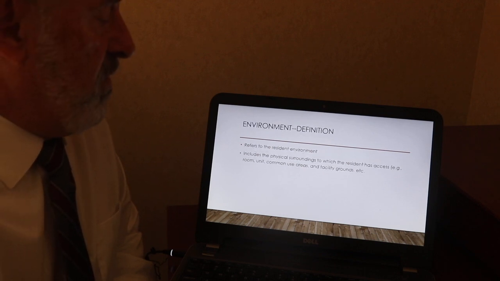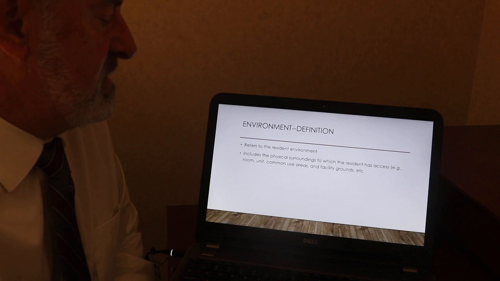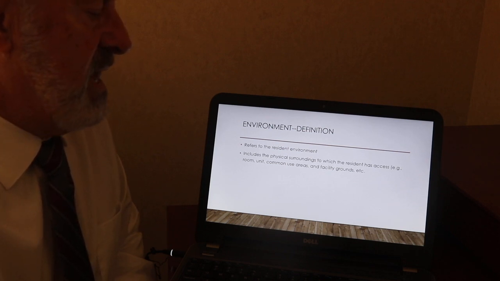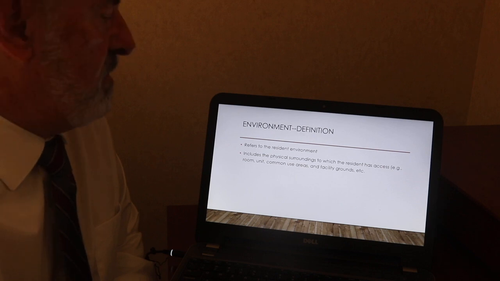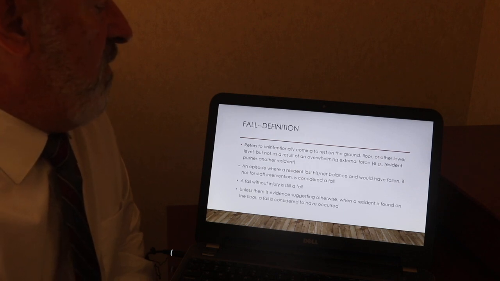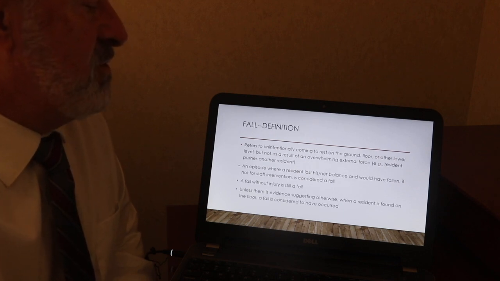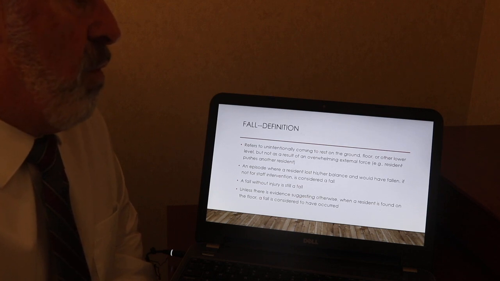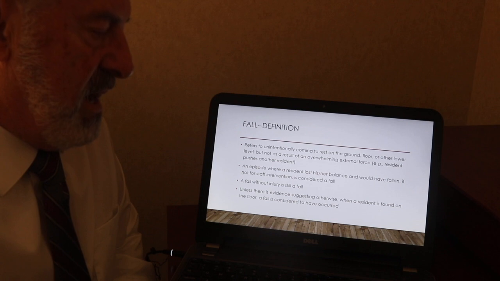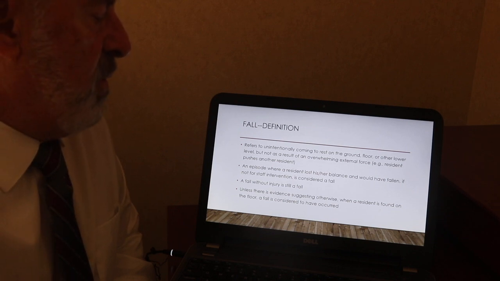The environment refers to the resident environment. It includes the physical surroundings to which the resident has access, such as the room, the unit, the common use areas, and facility grounds, etc. A fall refers to an unintentional coming to rest on the ground, floor, or other lower level, but not as a result of an overwhelming external force, for example, a resident pushes another resident.